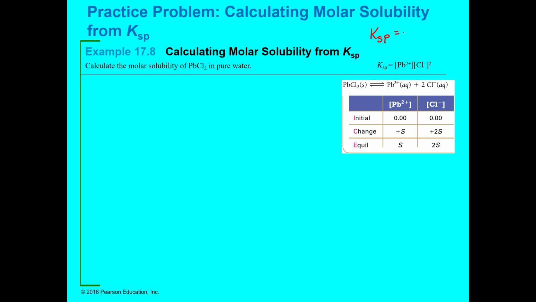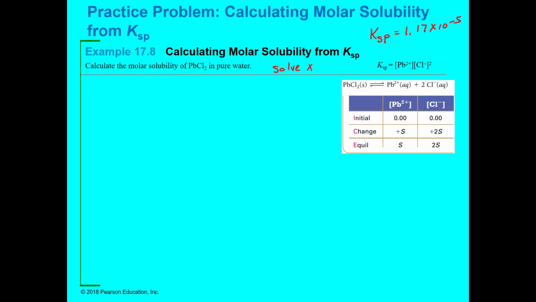The KSP for lead chloride is going to be 1.17 times 10 to the minus 5, so that's very small. We always like it when we see those very small ones. And if I want to calculate the molar solubility, I'm going to solve for X, just like we've been doing the whole time.